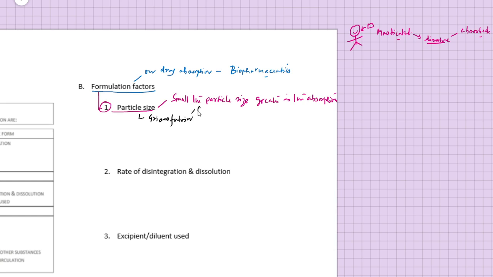So this is an antifungal agent. Okay. So you have regular griseofulvin, but if you reduce the size, meaning you reach the micron range, micron or nano range, then there will be greater absorption.